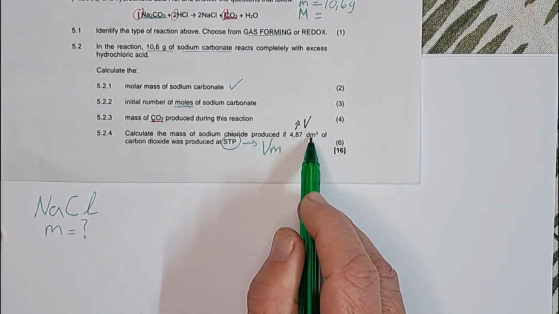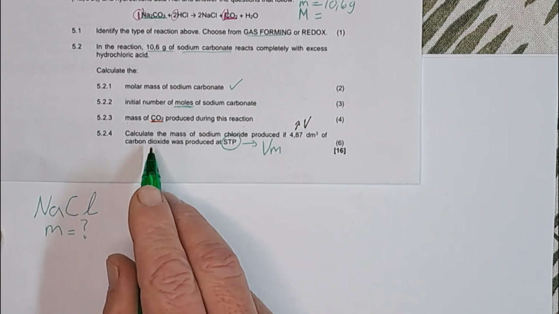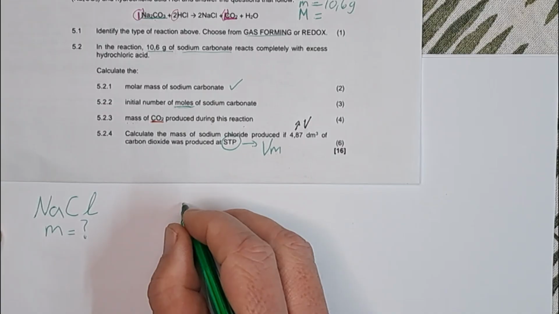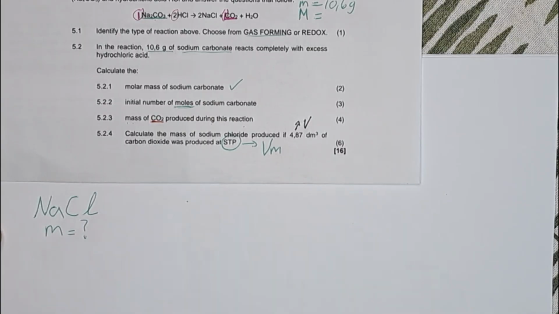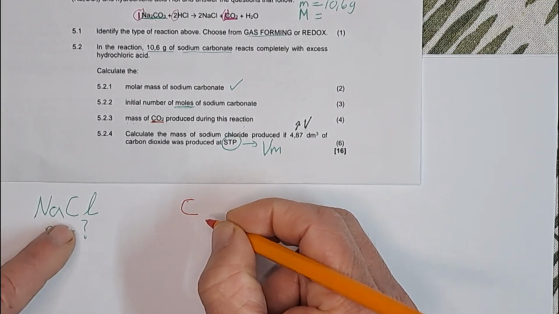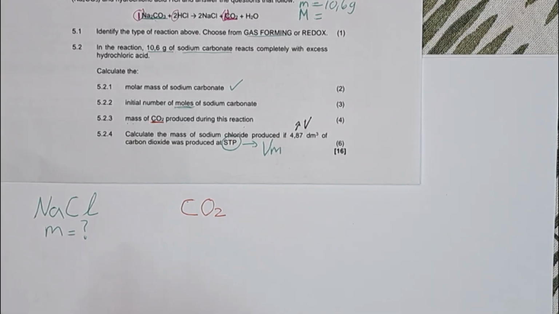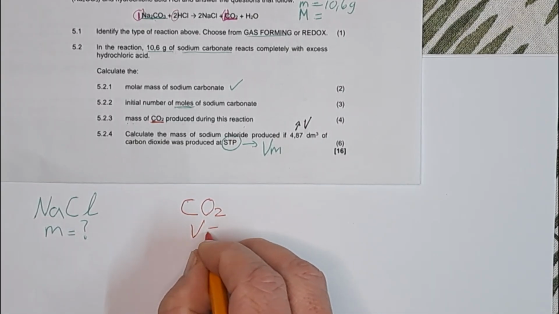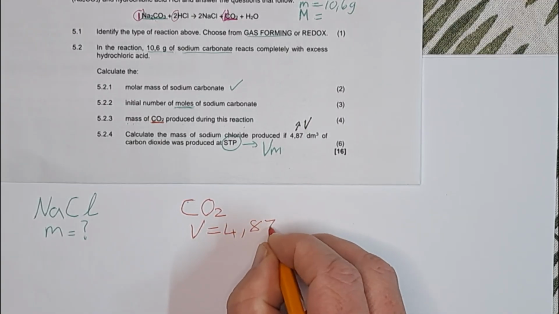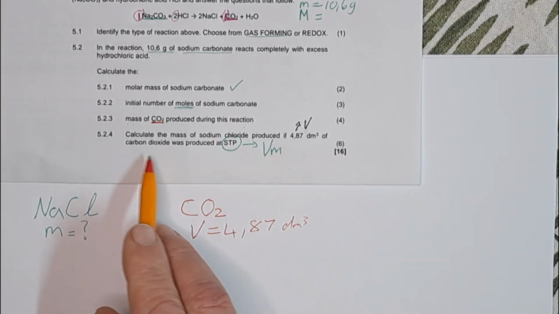Cubic decimeters is the unit for volume, all right, of carbon dioxide. So they are speaking about carbon dioxide again. So let's use another color. It's going to be sodium chloride versus carbon dioxide. Anyway, they gave us the volume of 4,87 cubic decimeters of carbon dioxide.